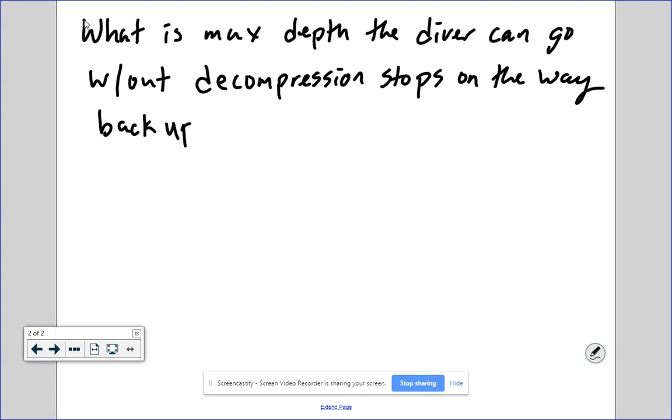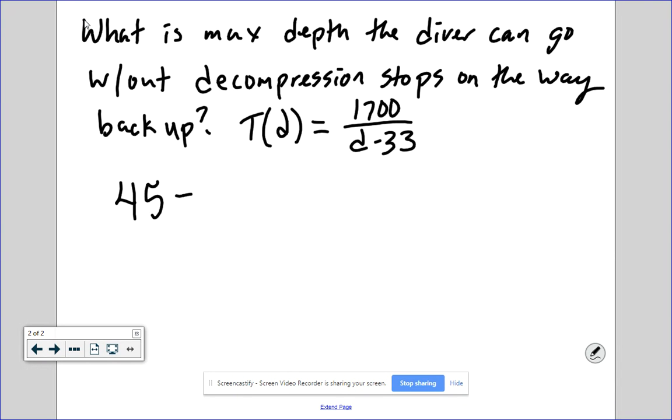What are the numbers? The equation, T of D equals 1700 divided by D minus 33. Okay? And in the problem, we're told again, T of D stands for the dive time in minutes, and D stands for the depth of water in feet. And we're told that they want to go on a 45-minute dive. So this equation becomes this: 45 equals 1700 divided by D minus 33.